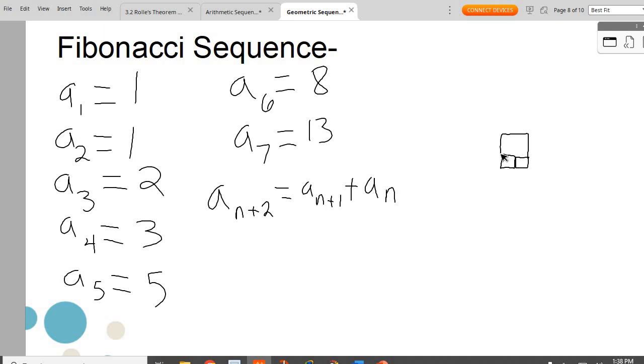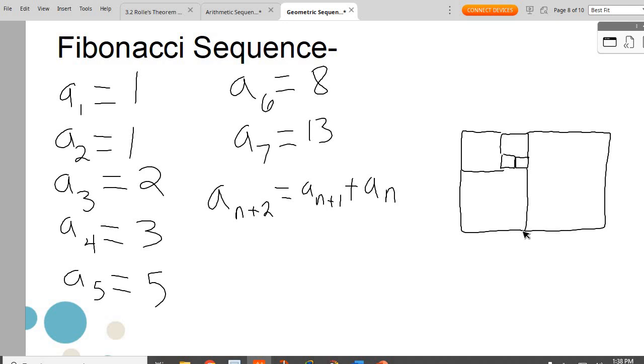So my first one has an area of 1. The second one also has an area of 1. The third, an area of 2. 3, 5, and 7. I could keep going, but we're not going to.